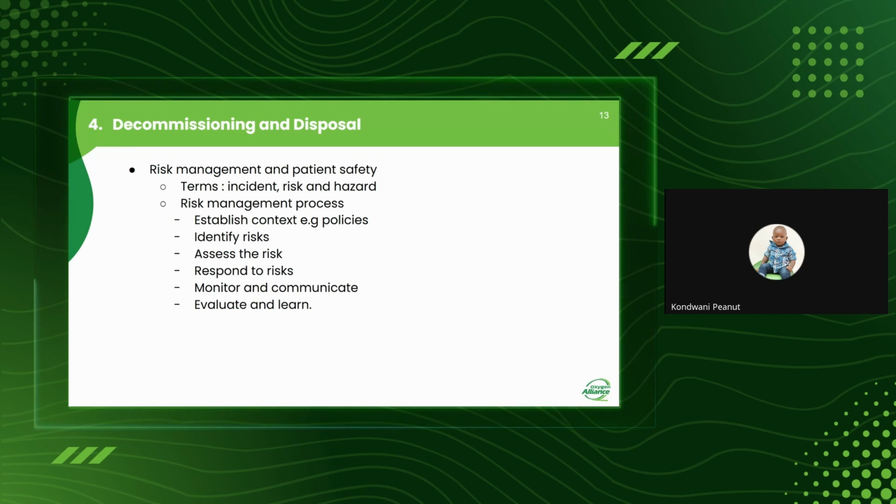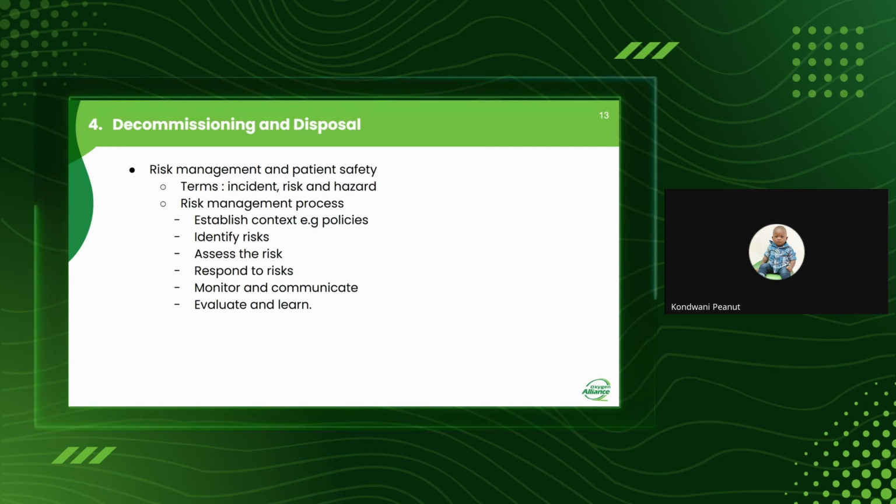Now, just to summarize, a risk management process needs to undergo the following steps. Whenever you are carrying out risk management, you need to establish the context. The context involves the policies. What are policies saying about risk management? We can have local policies, like here at 11 John Chimbe.